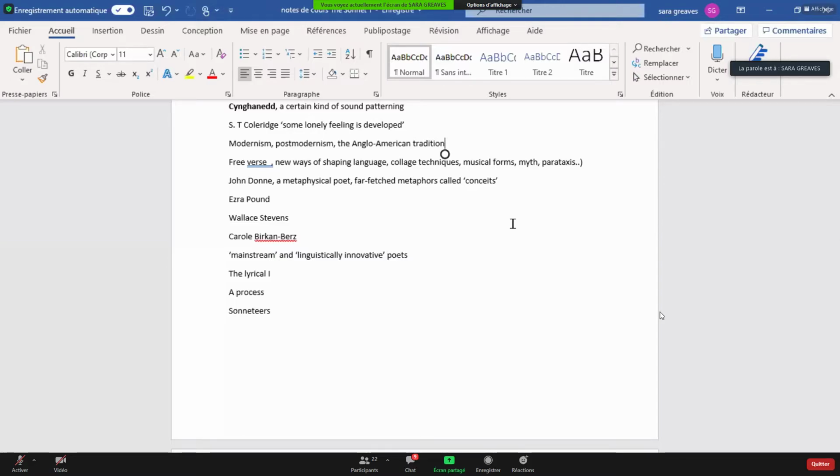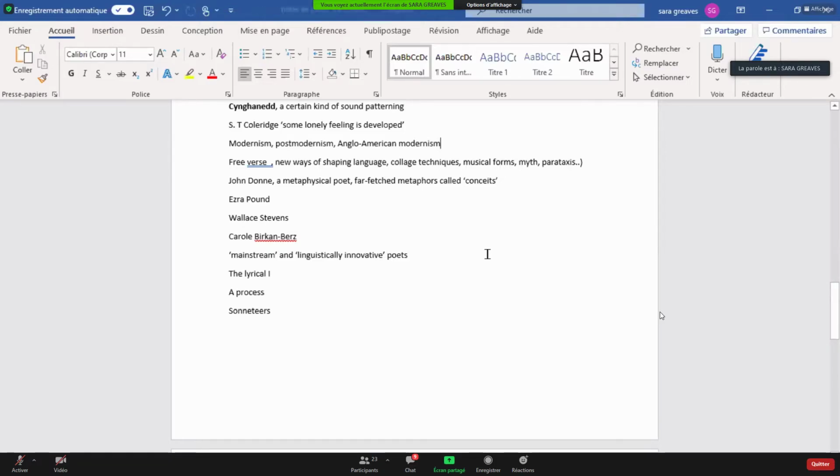it's complicated because the French tradition and the English tradition, or the Anglo-American tradition, the Anglo-American modernism, they don't coincide.